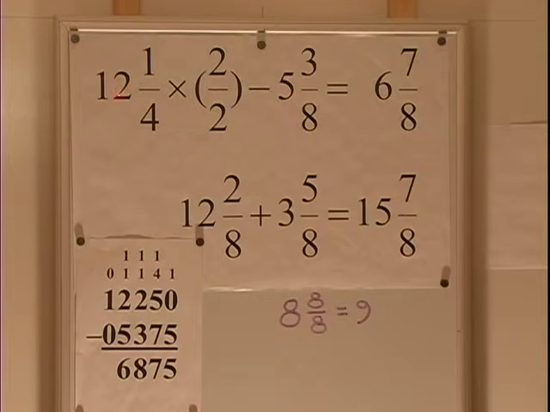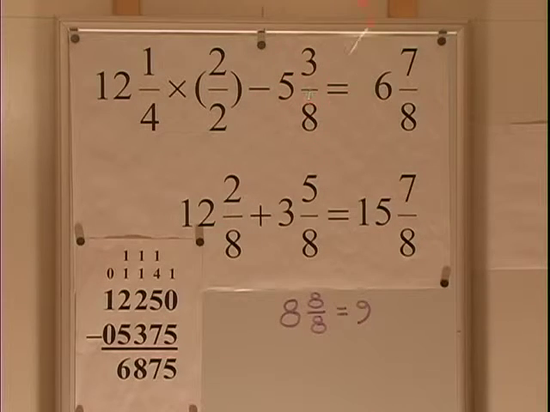So I want to subtract 5 3/8 from 12 1/4, and what I should get is 6 7/8, 6.875. I want to do it, of course, by a 9's complement procedure, so I have to find a 9's complement of 5 3/8.